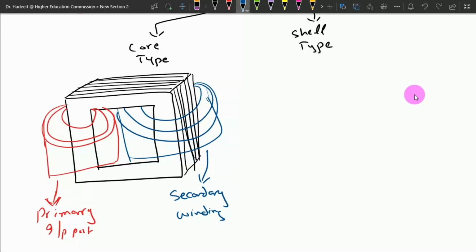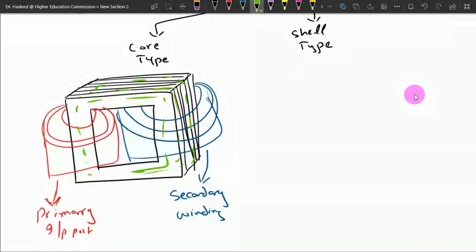So you can see that the magnetic path that will appear within this particular core actually forms a small ring which is encompassed by a group of primary and secondary windings.